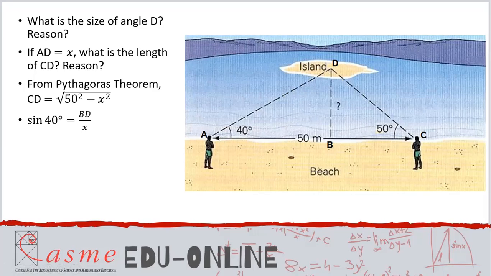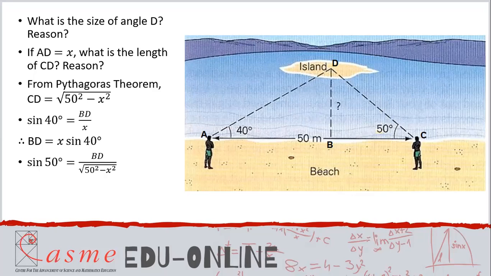Then we can use the fact that we know the length of these sides. From the sine of 40 degrees, sine of 40 degrees will be BD over the hypotenuse, which is x. Therefore, BD is x sine 40 degrees.